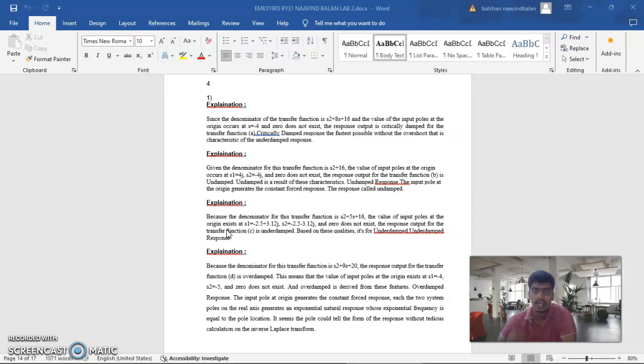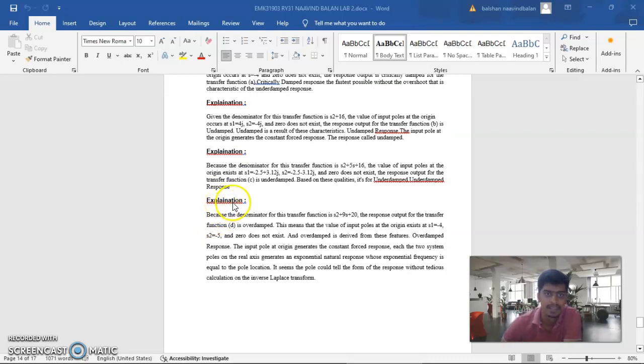Understand underdamped response: input poles at origin generate the constant force response. The response is called underdamped because the zeros do not exist, and the output for the transfer function B is underdamped, as I mentioned.